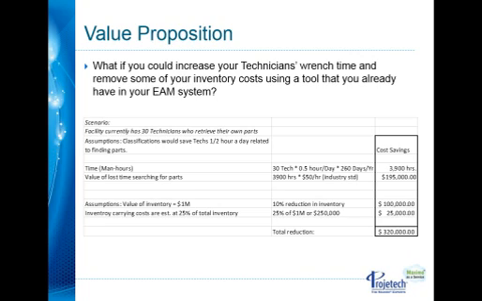So with all the calculations, that comes to 30 technicians, half an hour a day, 260 days a year, that's a 5-day work week, is equal to 3,900 hours. When you multiply that by the industry standard of about $50 an hour, you come up with a value savings of $195,000.